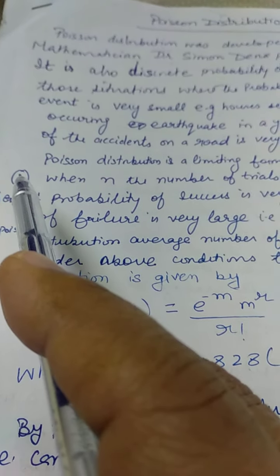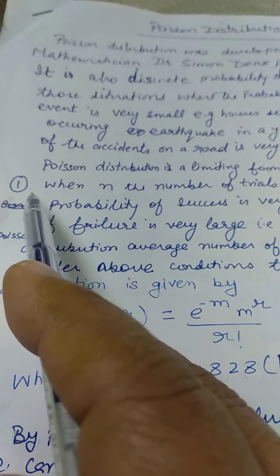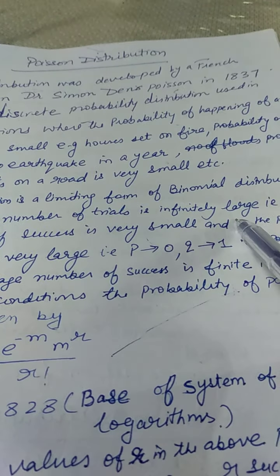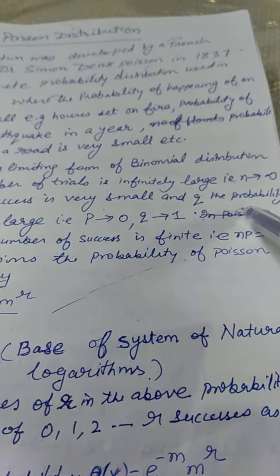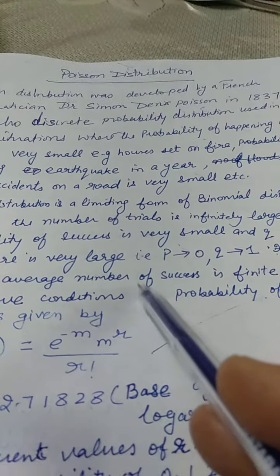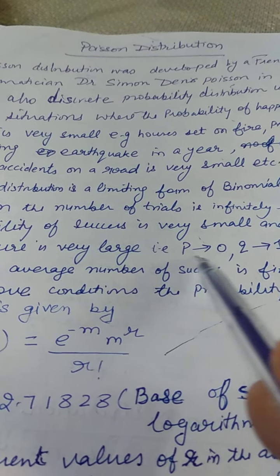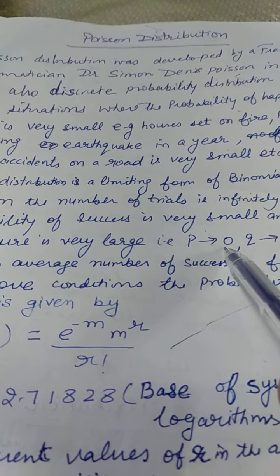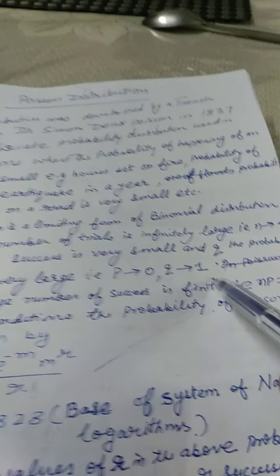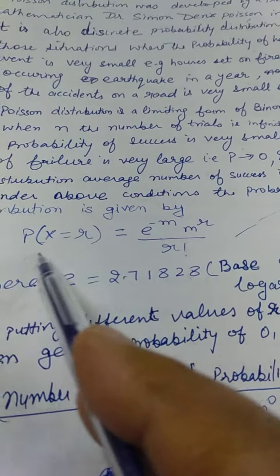It will become Poisson distribution under two conditions: when n, the number of trials, is infinitely large, that is n tends to infinity, and the second condition is the probability of success is very, very small, that is p tends to 0, and the probability of failure tends to 1.